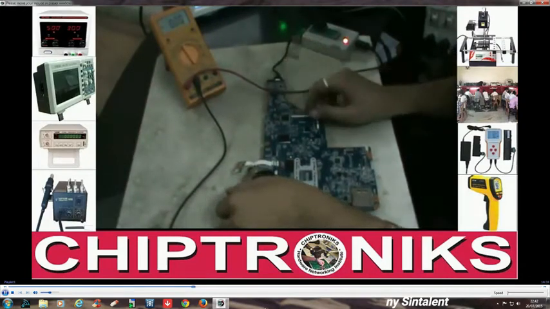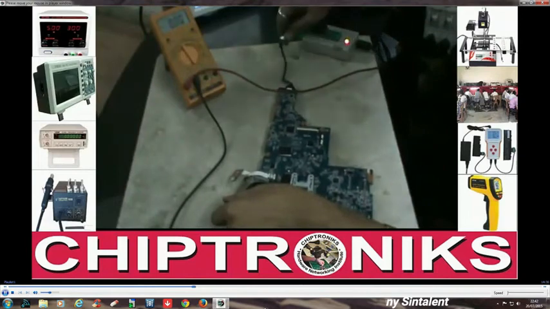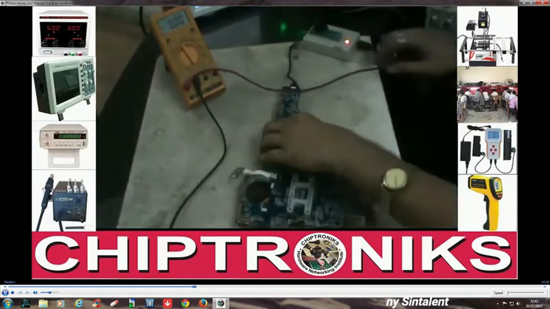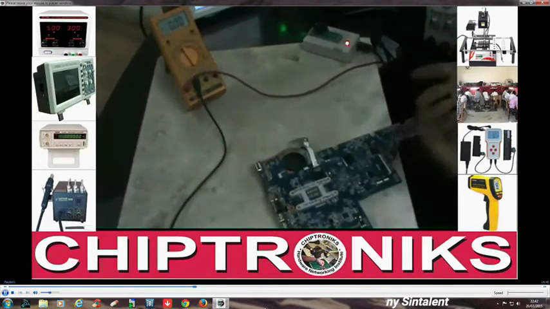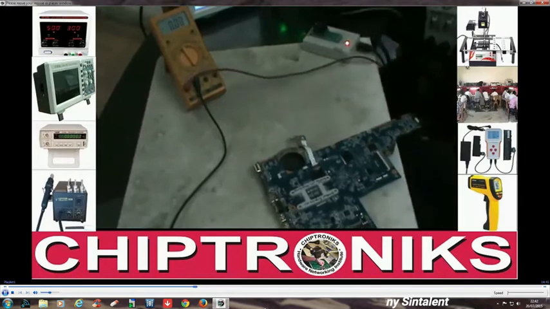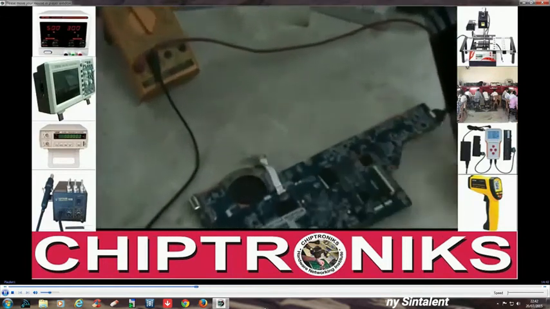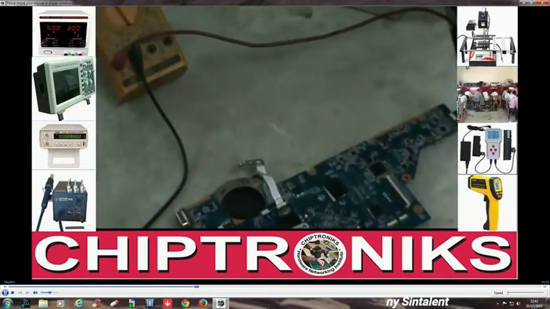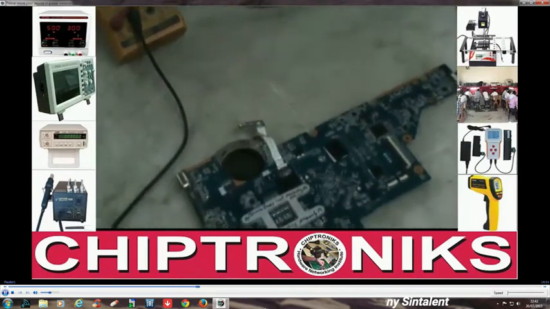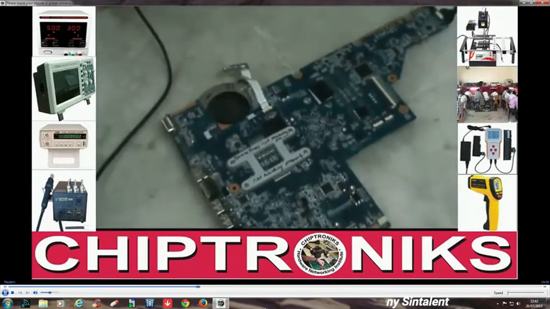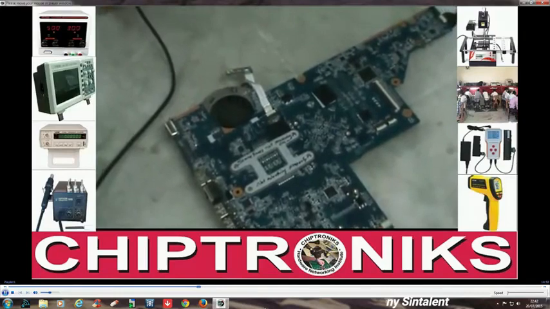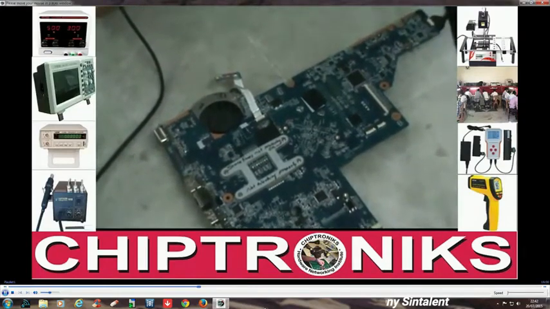Now, what do we need to do? Here we need to know which BIOS file is required for this motherboard. Every laptop motherboard, when you see the bottom casing inside back side, has a model written. I'll show you.